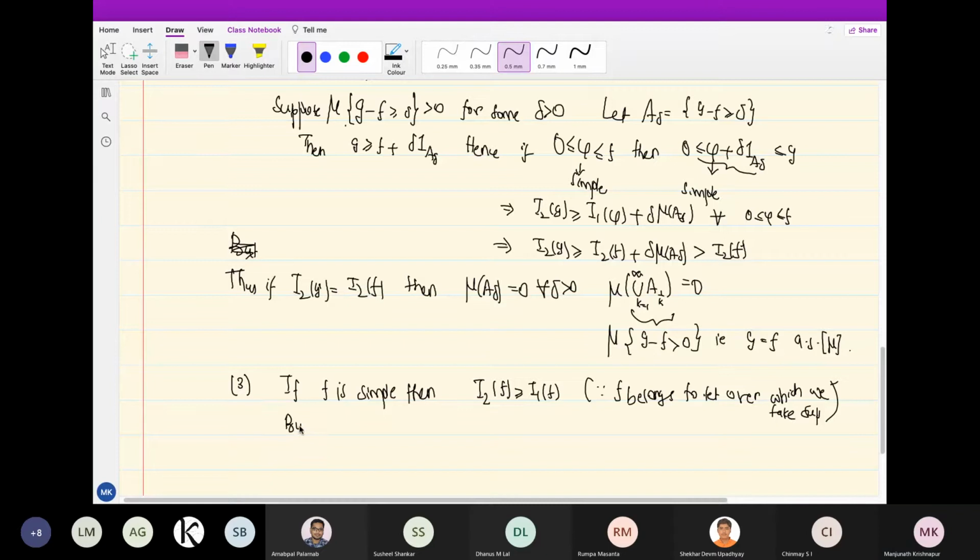But if 0 is less than or equal to phi, which is less than or equal to f, then we already know that I1 of phi is less than or equal to I1 of f. So take the supremum. On the left side, we get I2 of f, which is less than or equal to the right side, which is not changing, I1 of f. So that completes the proof.